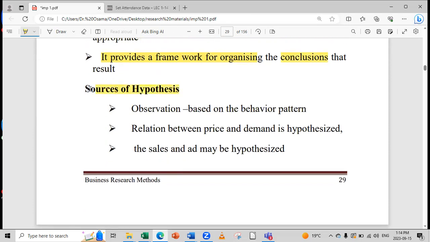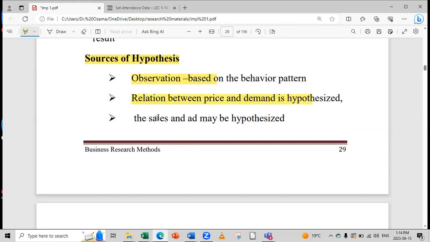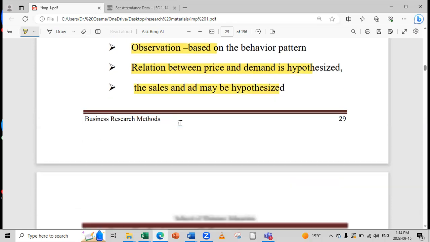But how will I get the observations, or how will I try to interpret the cause-effect relationship? How can I interpret it? Through observation. For example, the relationship between price and demand, the sale, and so on.